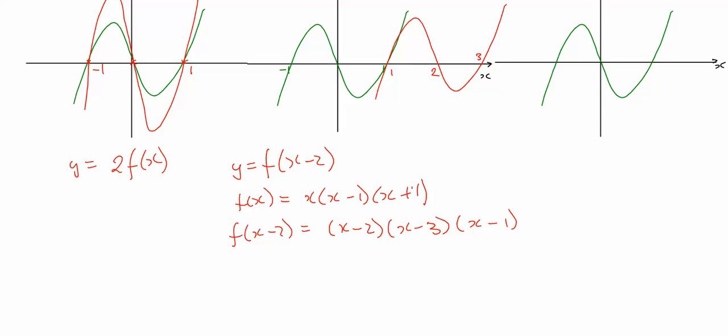Now we should really also put in the point where the curve crosses the y-axis. You may need to do that if the question asks you. Well, that is of course where x is 0.